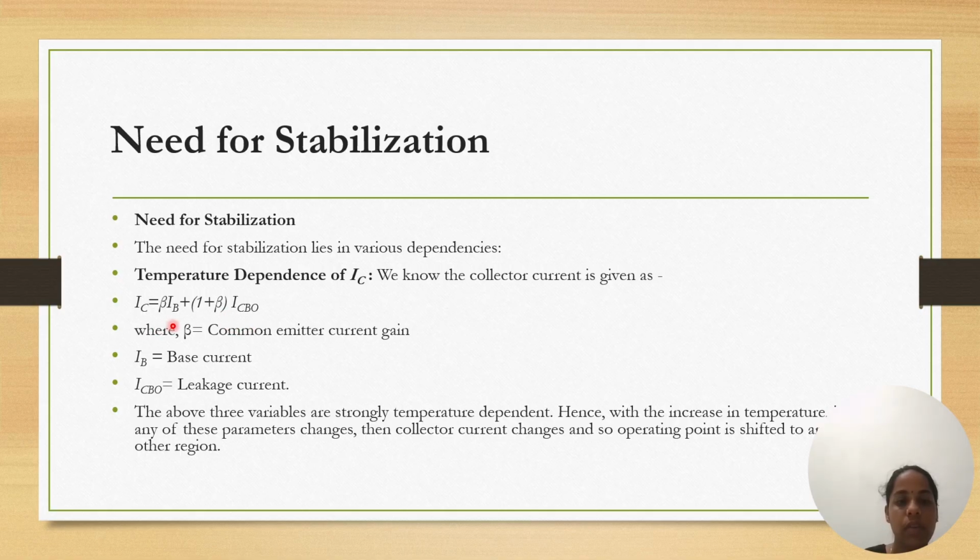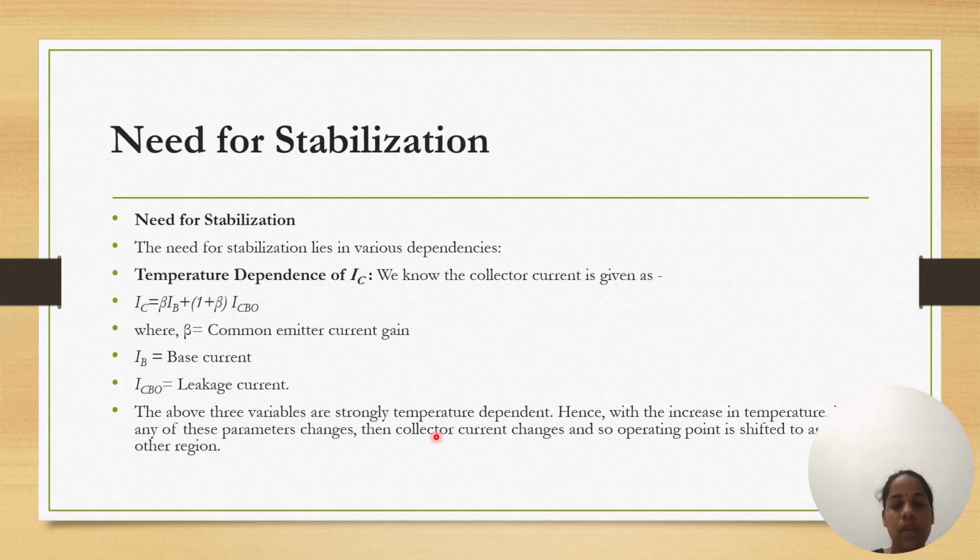Here the base current IB is constant, with beta and 1 plus beta into ICBO. ICBO means the collector to base leakage current, where beta is the common emitter current gain. IB is the base current, ICBO is the leakage current, and IC is the collector current.